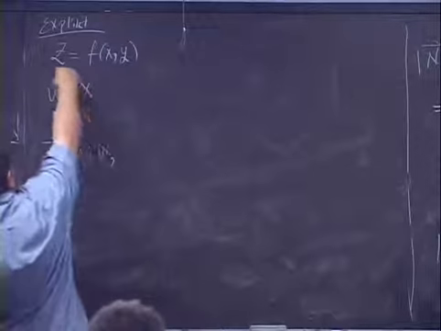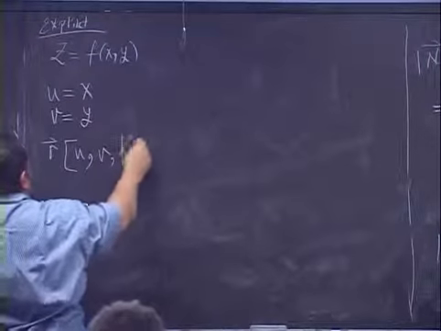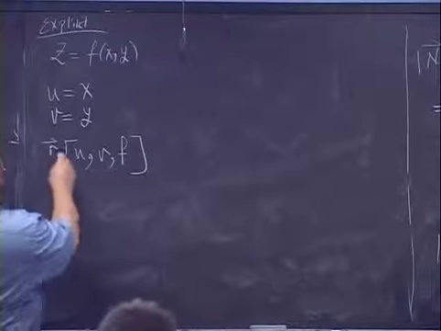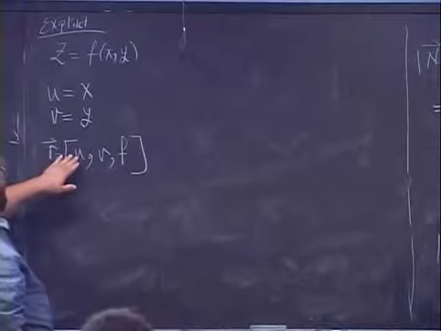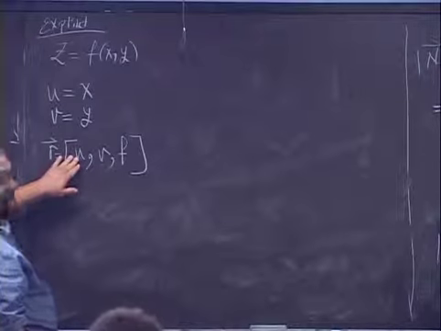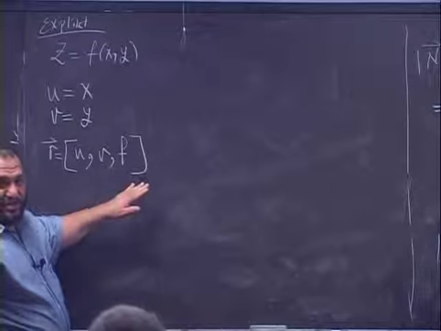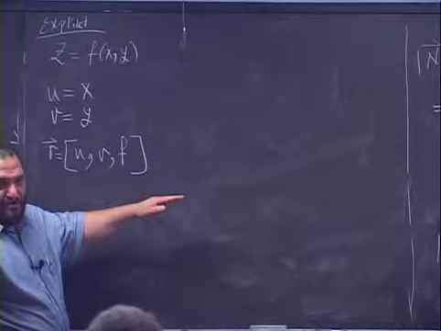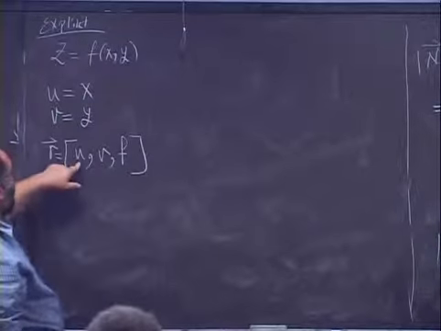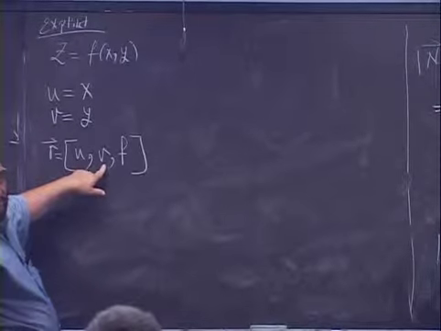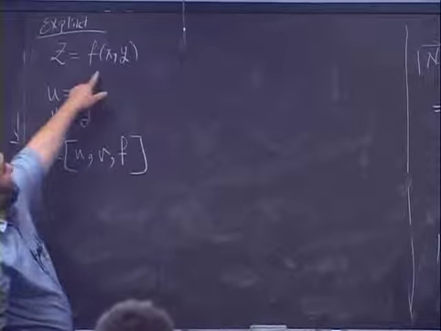What's z? So the vector r is x of u and v in the i, plus y of u and v in the j, plus z of u and v in the k direction. So x is u, y is v, and z is equal to what?